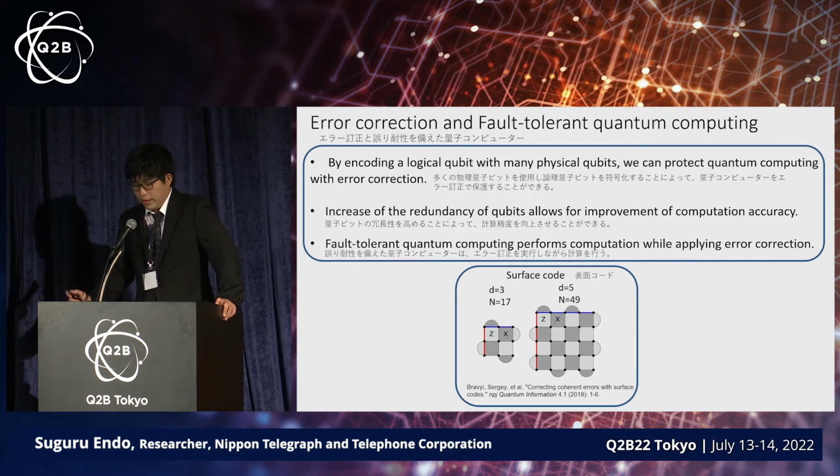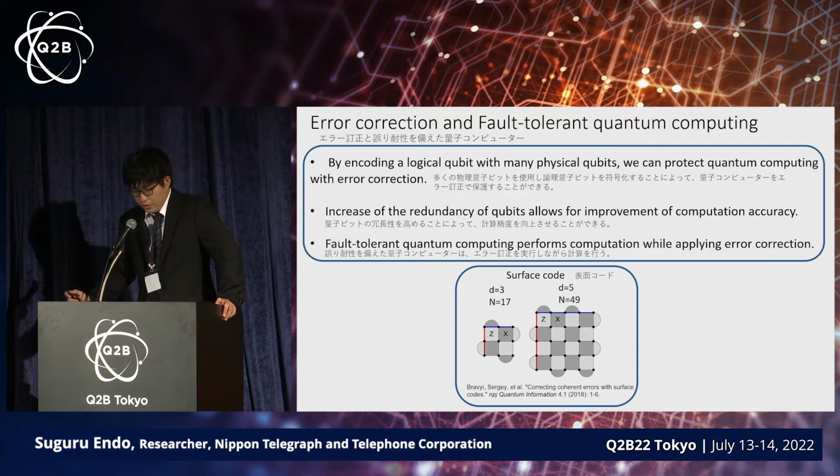I'd like to explain what error correction is in fault-tolerant quantum computing. By encoding a logical qubit with many physical qubits, we can protect the quantum computing with error correction. Increasing the redundancy of qubits allows for improvement of computation accuracy.